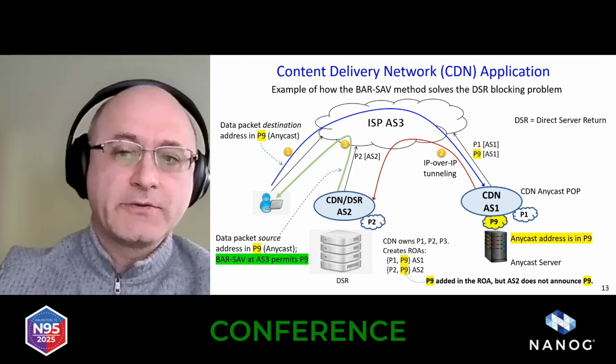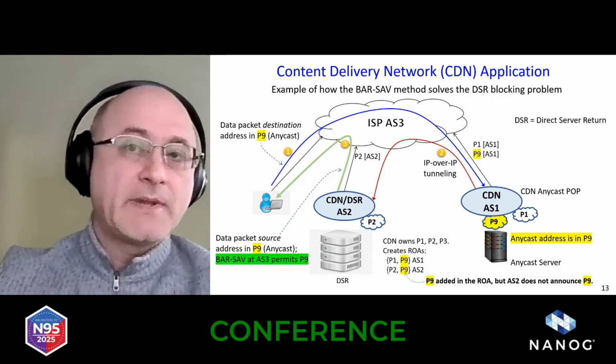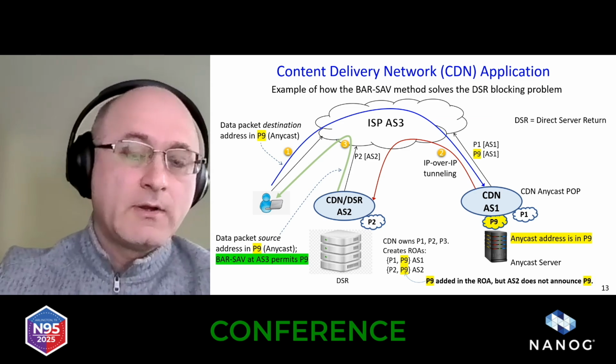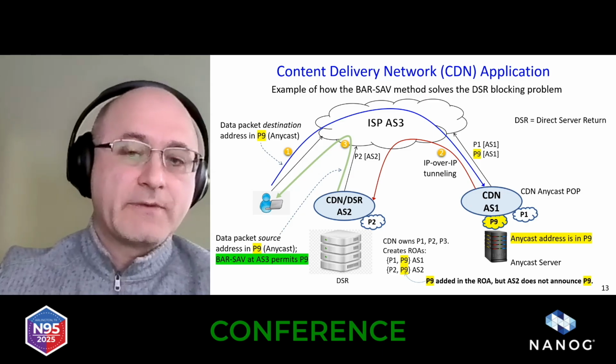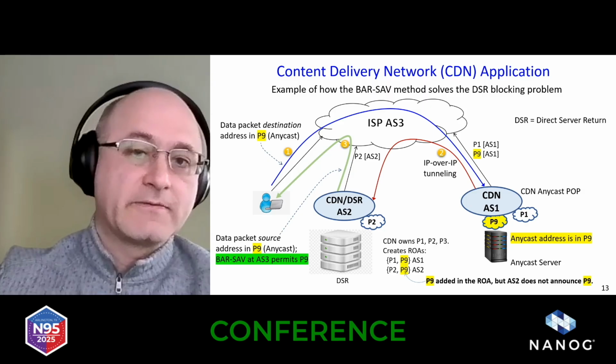That's its entire point in life, to advertise anycast prefixes. AS2 never plans to advertise prefix 9, but because there is a ROA, the BAR-SAV algorithm will discover that prefix 9 is associated with AS2 and authorized to be used by it, and AS3 will include prefix 9 into its allow list on the interface with AS2.